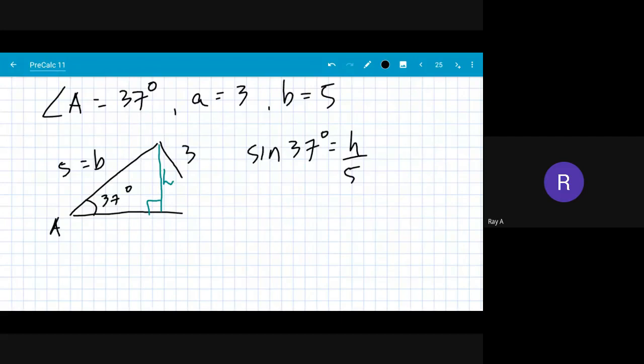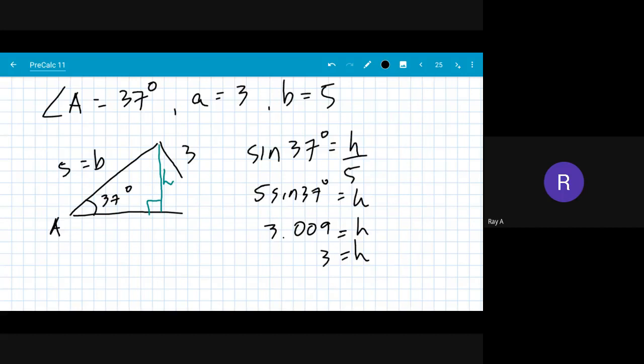Or h equals 5 times sine 37 degrees. And right now, I suggest you begin trying it out yourself so that you can also practice. You will see that h would be equal to 3.009, and so on, or let's just say that it's just 3.